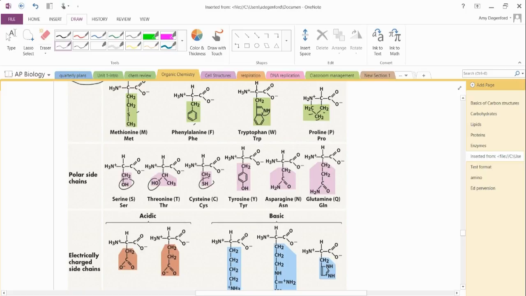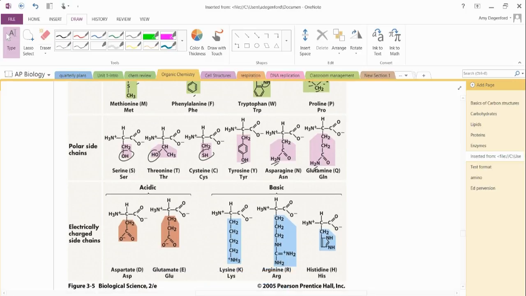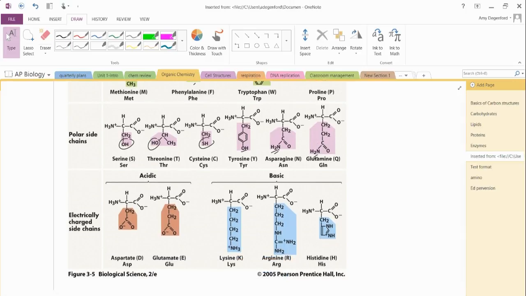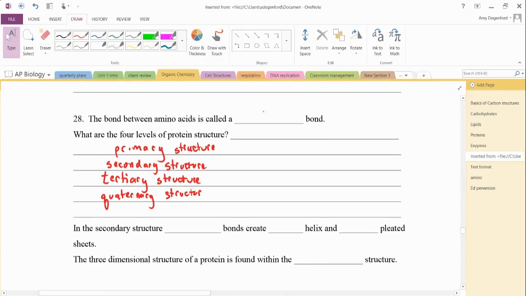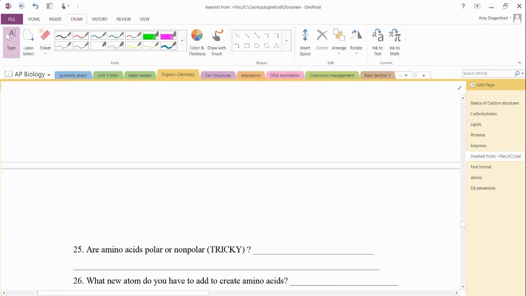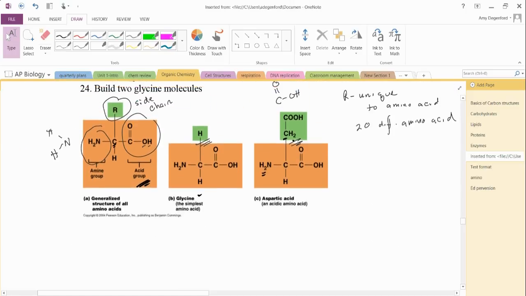SH, sulfur, is very similar to oxygen in the periodic table. Here's another OH, NH2, which is also polar. So there's our polar ones, and then we can even see ones that have full charges. They're ionic. Now, that also means they're acidic or basic, depending on the charge that they carry. So this ends up leading to some of the chemical behaviors of these.